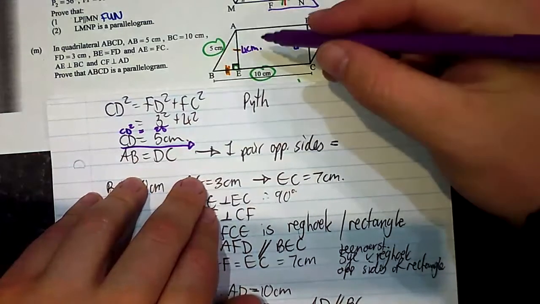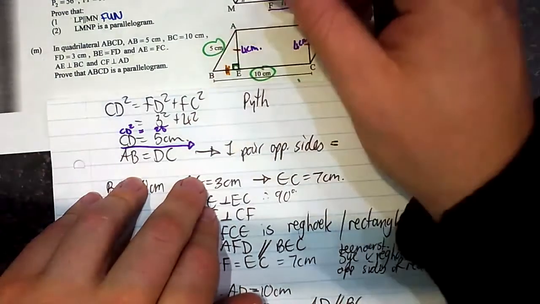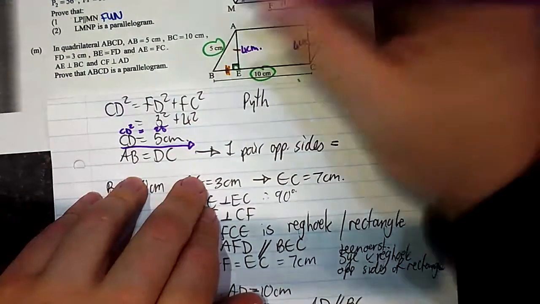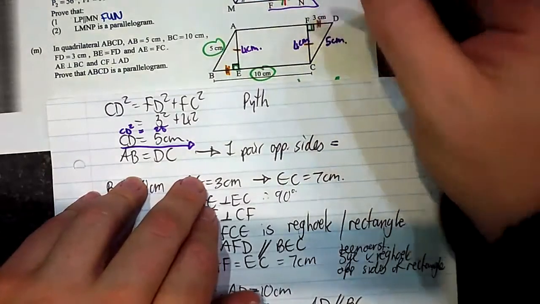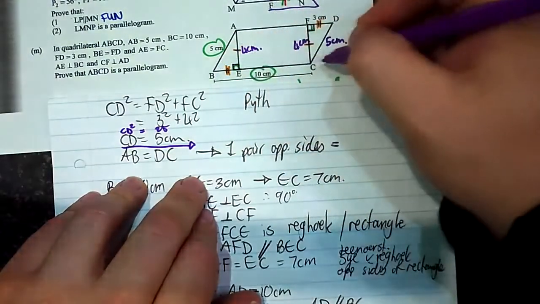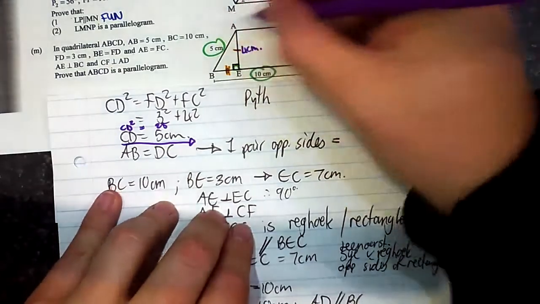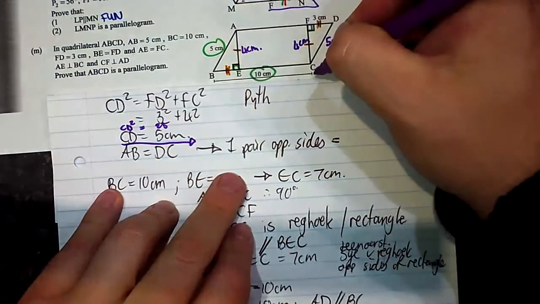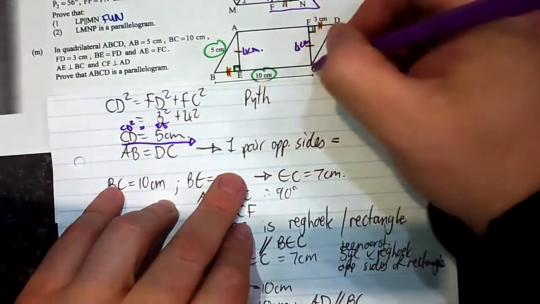There's no angles given, so we can't really prove specifically that these two skew lines are parallel. But those lines, they gave angles for those lines. Okay, they told us that AE is perpendicular to BC, right? And AD is perpendicular to FC. So these form a rectangle.